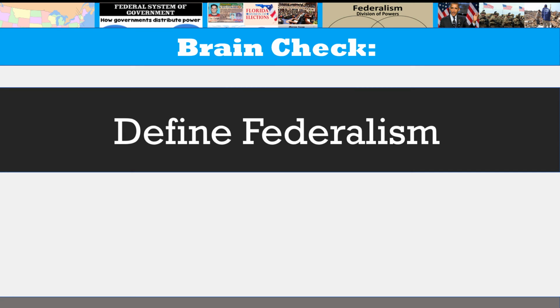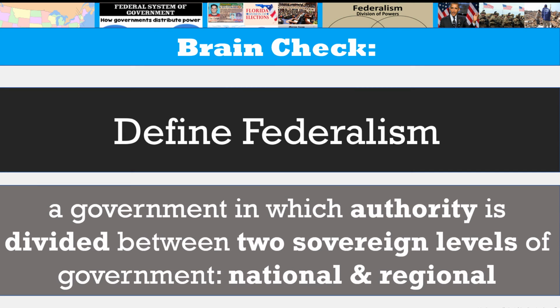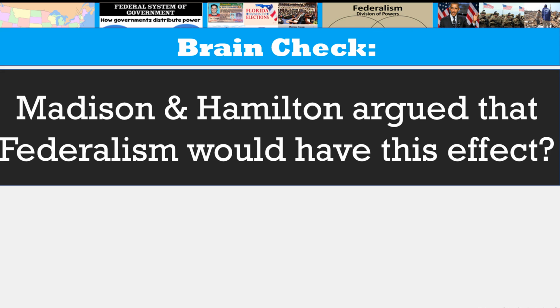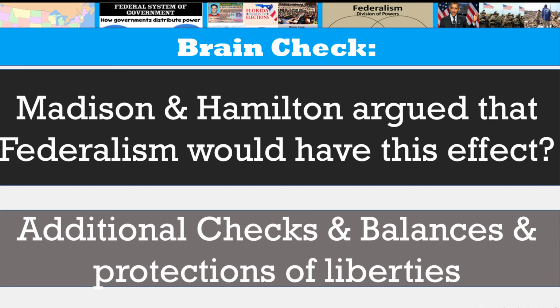Define federalism. A government in which authority is divided between two sovereign levels of government, national and regional. This is a system of government in which the national government alone has ultimate sovereignty. Unitary. Madison and Hamilton argued that federalism would have this effect. It would be an additional check and balance on power.